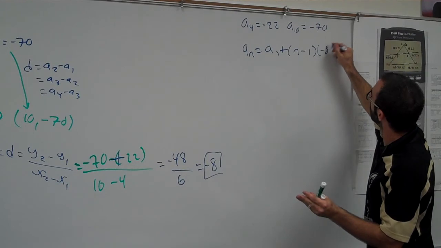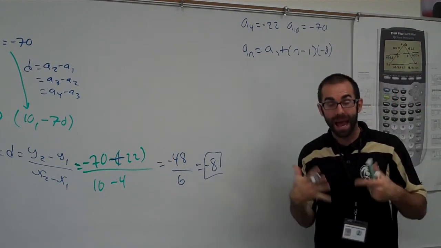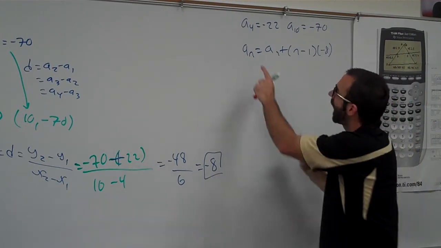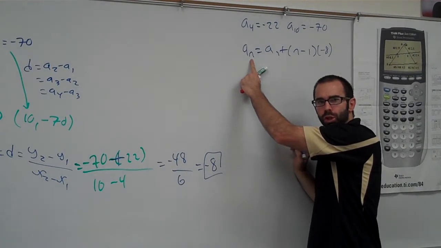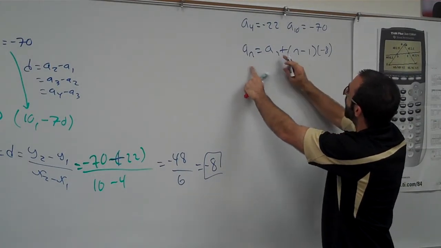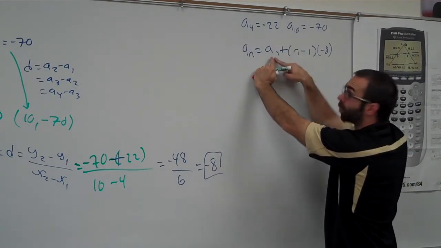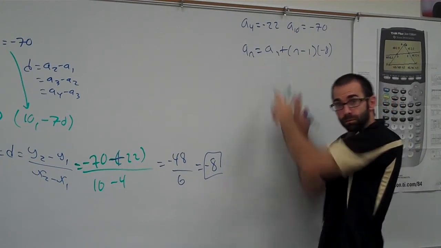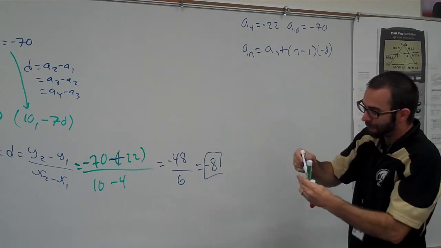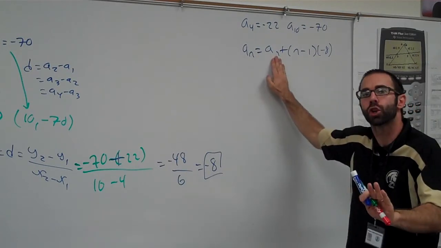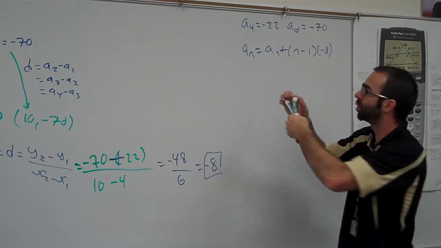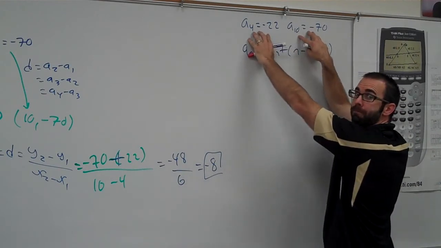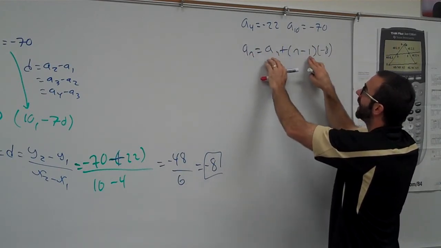The question asked was to find the nth term. So if I knew what the first term was, couldn't I find the nth term? The answer is yes. We don't know the first term, but we can substitute any one of these coordinate points or one of these values into right here.